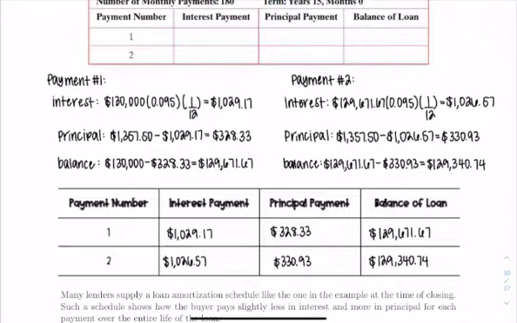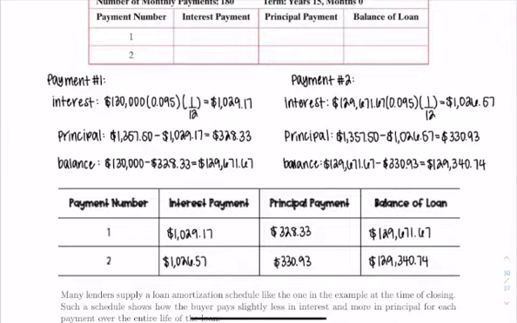And so this only shows you what happens after 2 months of payments. When you take out a mortgage, you will get a schedule for your entire loan period. So in this case, you would have it for the 15 years or 180 payments, showing you how much of that specific payment number goes towards the interest and how much of it goes towards the principal.